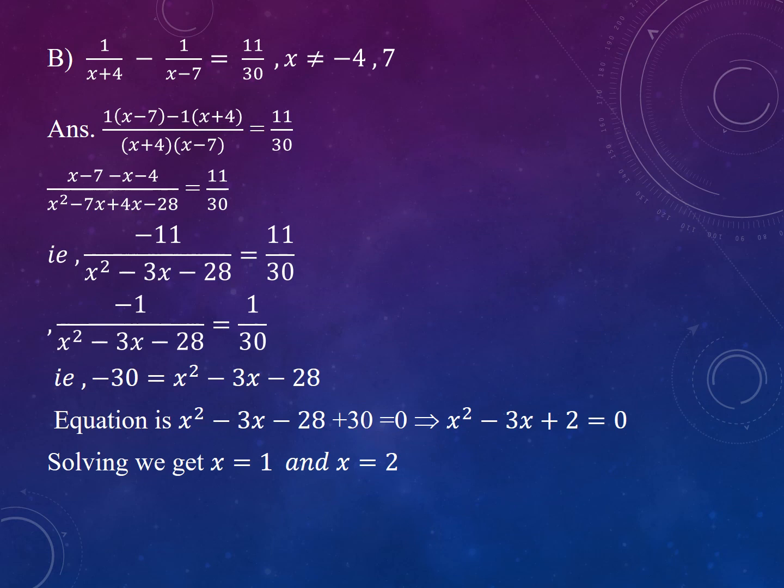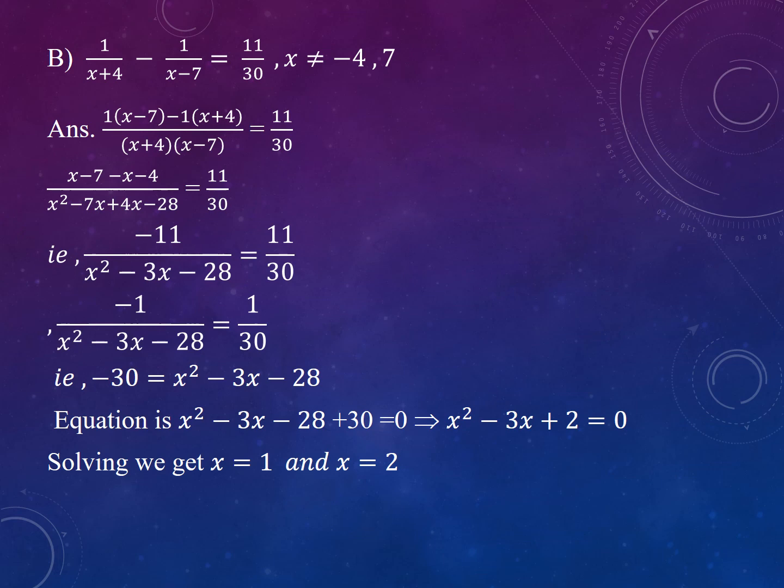Cancelling 11 from the left hand side and right side, we have negative 1 by x square minus 3x minus 28 equal to 1 by 30. By cross multiplication, we can see our equation will be negative 30 is equal to x square minus 3x minus 28.